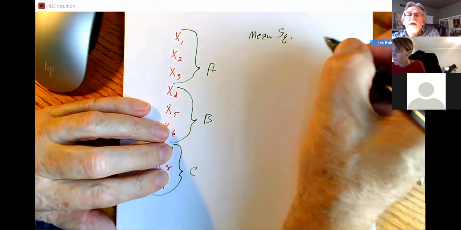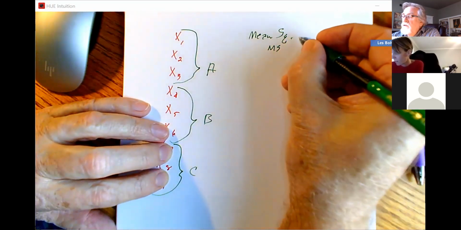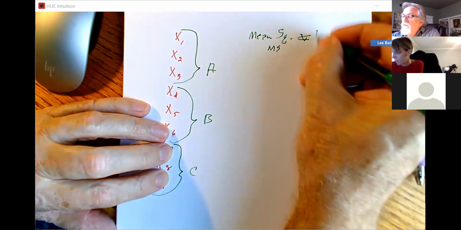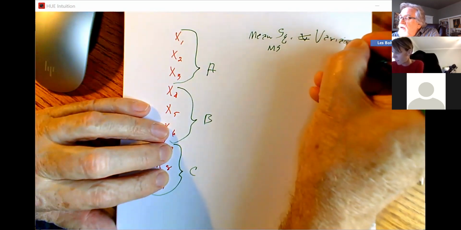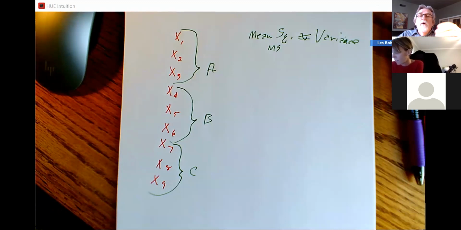We call it MS. Mean squares is roughly equivalent to variance. It's just figured differently. It's n-1 for variance. It's n-2 for mean squares. All right.